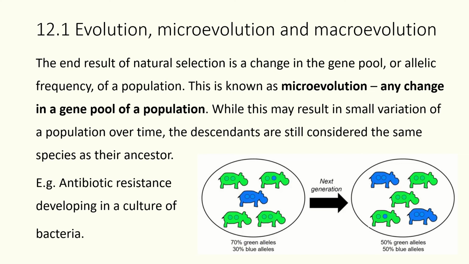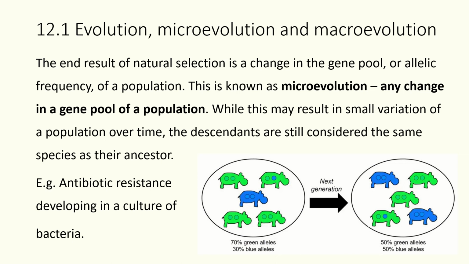Now, if natural selection acts so that it favors blue, then over time, the population will increase the number of not just blue individuals, but blue alleles. And so there's a change in the gene pool, a change in the allelic frequency or the number of each of the alleles. And this change is known as microevolution.